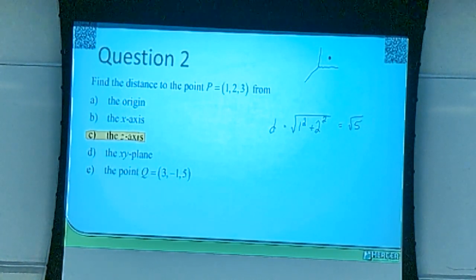It gives you the same thing. The projection is the point (1, 2) on the xy plane. Now find the distance from the origin to that point: square root of 1 squared plus 2 squared. It's the same idea.